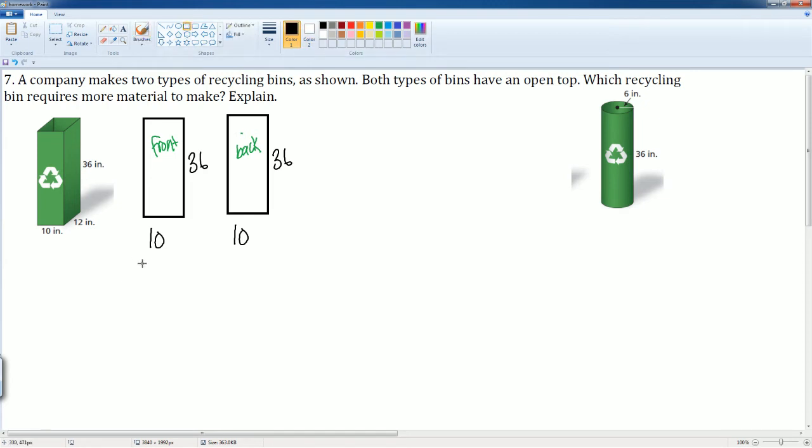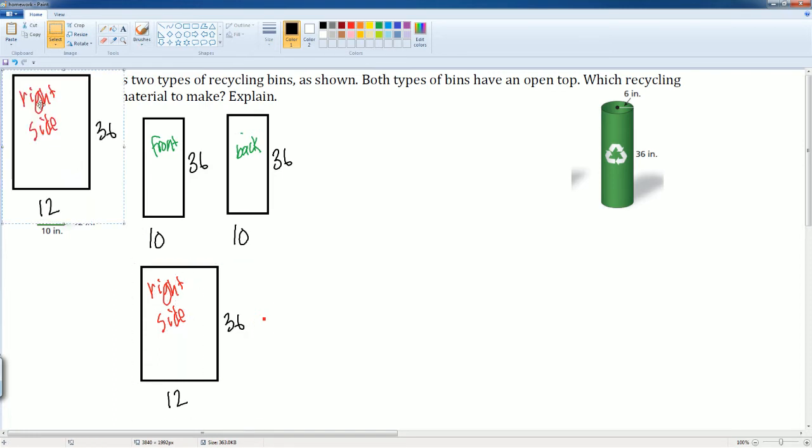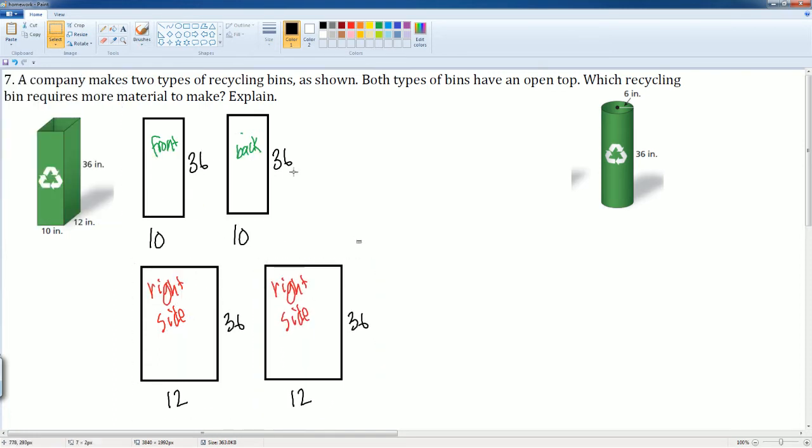Then you have the sides, which look like this, so I can write this as my right side, and that is your value of 12 by 36. The right side is the same as your left side, so my left side here is also the same value.